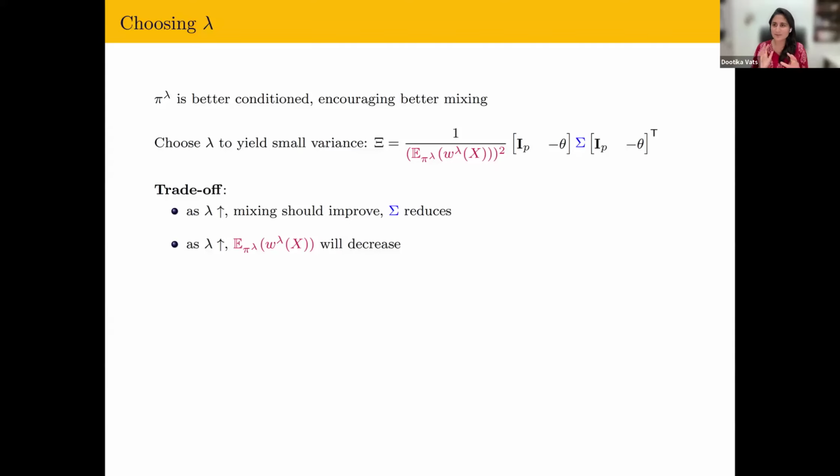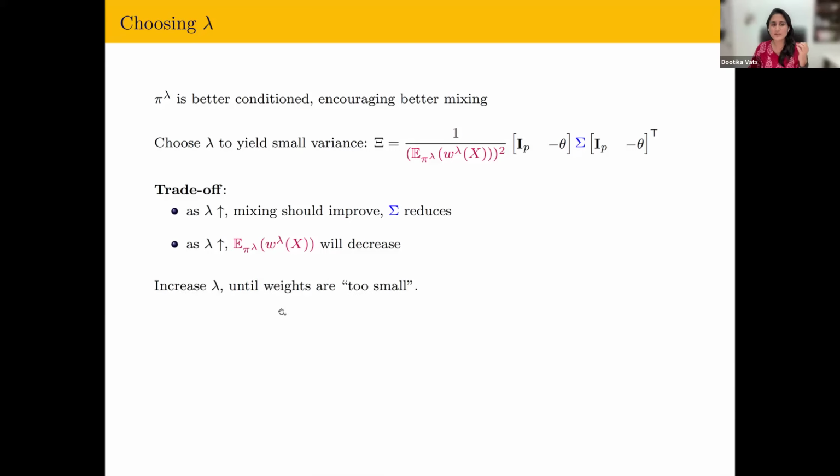We tried to look at whether we can formulate the value of the optimal lambda, but because this sigma over here has your Markov chain limiting variance hidden in it, it becomes quite difficult to characterize an optimal lambda. But we can give some guidelines, and the guidelines are the following.